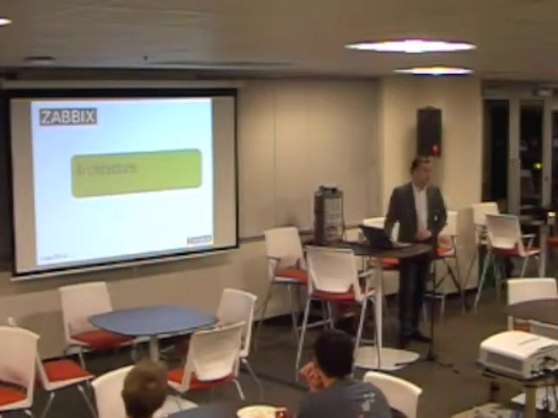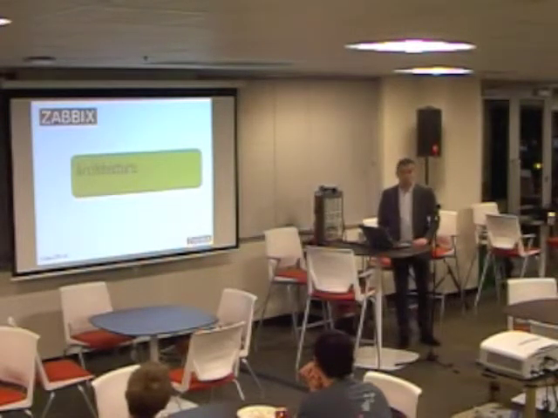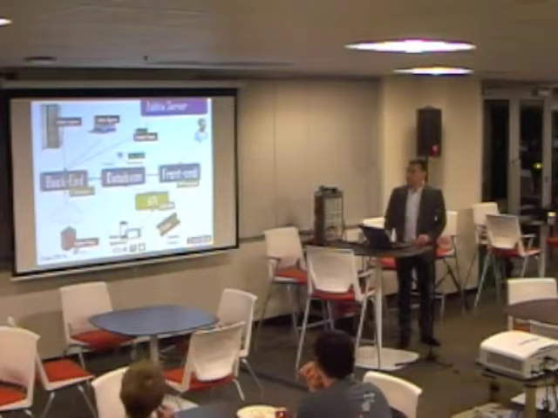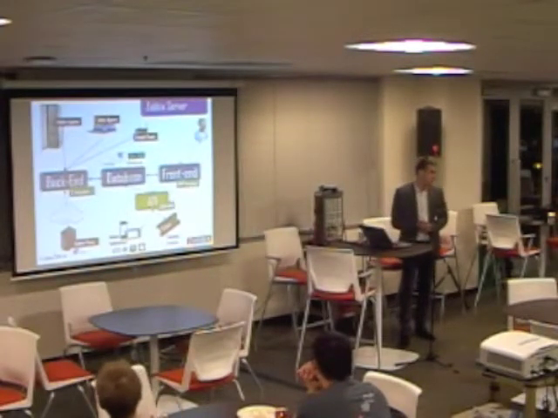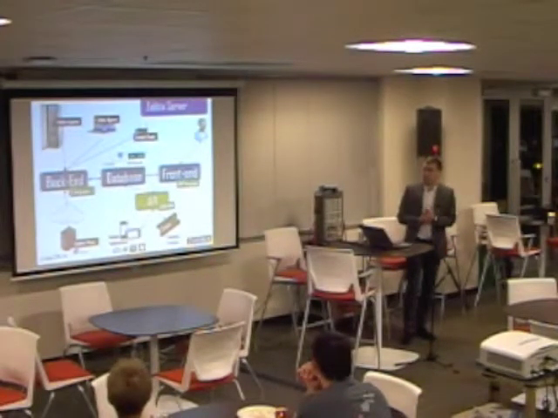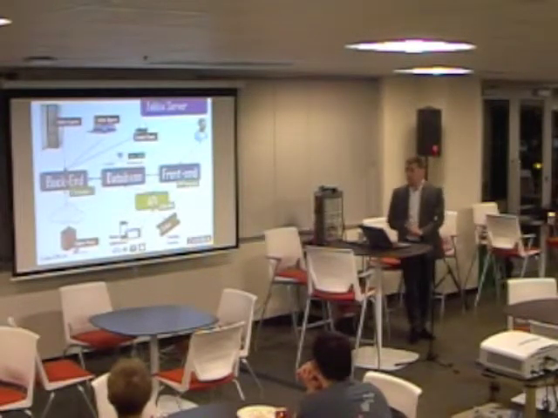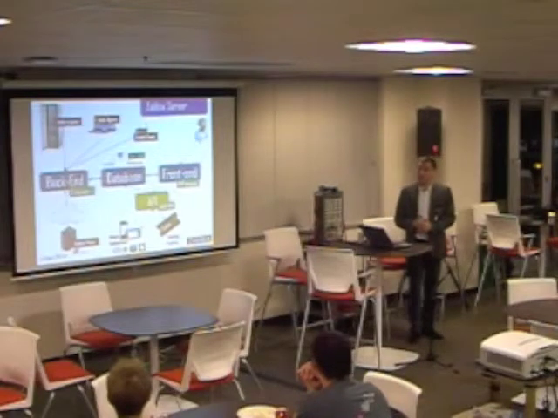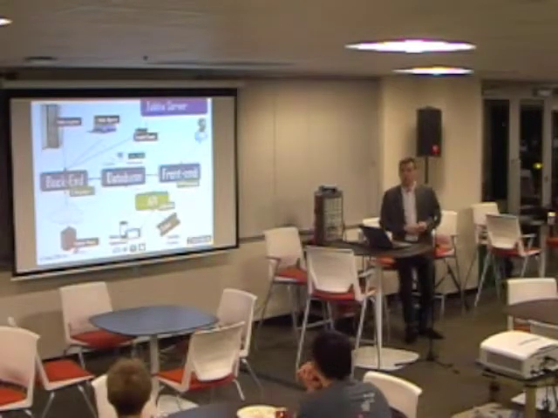Now, the architecture part, how that can actually be installed and achieved. This is how it actually looks, the components of a Zabbix instance. Zabbix consists of a back-end application which is running on a Unix operating system.